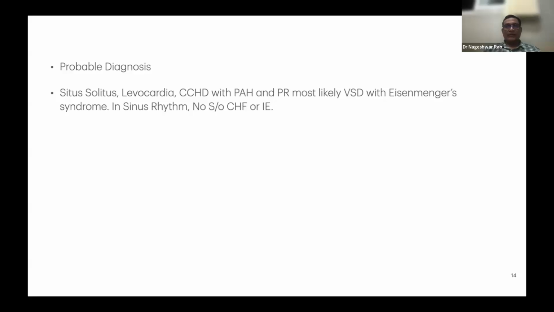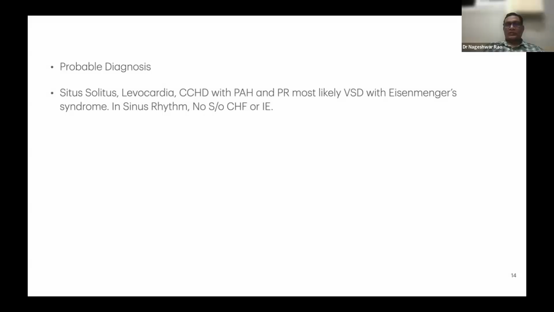Is it mild, moderate, or severe PR? Based on the duration, the murmur was grade 2 by 4 intensity and extended a little beyond half of the diastolic period. So I would grade it as at least a moderate PR.